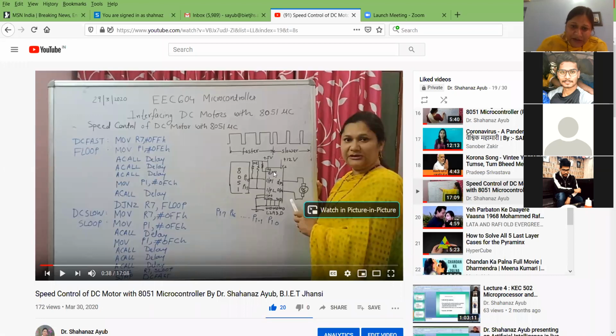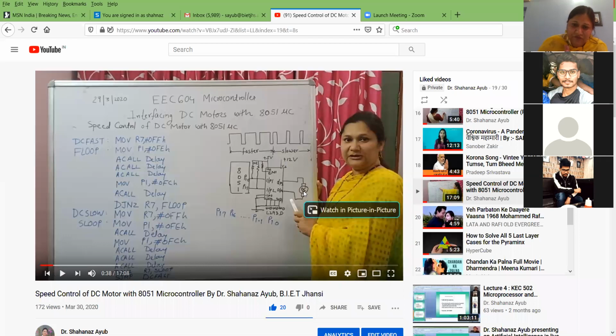And there is a pin in this particular IC, VSS, which is used for VCC. So this VCC is similar to the 8051 supply. And here is VS, that is the motor supply. Whatever your motor may be, whether it is a 12 volt motor or 24 volt, this pin has to be given the supply accordingly. If it is 12 volt, then this pin should get 12 volt.